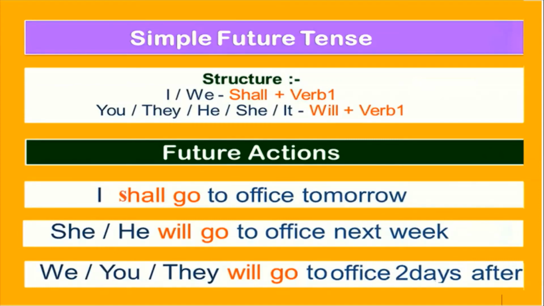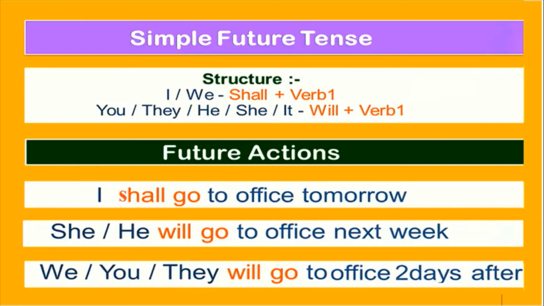Now, we have the structures for the future tense. The first structure is: for I or we, we should add shall plus verb 1 at the beginning. Can you see here verb 1? What does verb 1 mean? It means we should keep the verb as it is, in the base form.